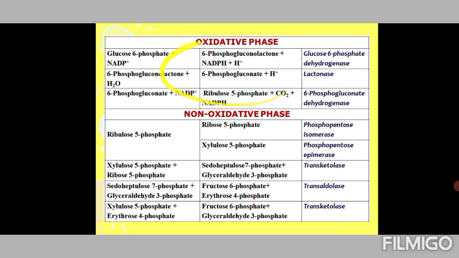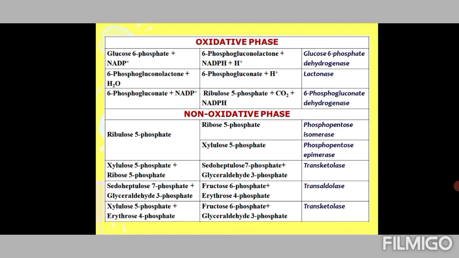This is the oxidative non-reversible phase, where you can already see NADPH, 1 molecule, 2 molecules, and then the non-oxidative phase, where you can see the ribose molecules here. This being a reversible phase, any of the substrates can be used for synthesis of ribose and for the utilization of ribose.